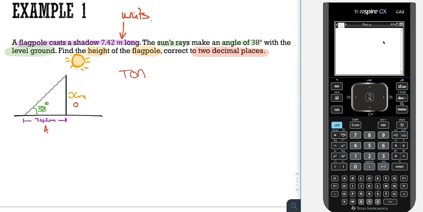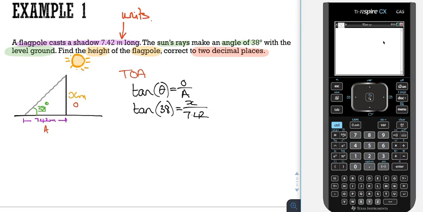X is my opposite, 7.42 is my adjacent, and we know because of our trigonometric ratios that the ratio we're going to have to use is TOA, which is tangent. So tan theta is equal to O over A, and then we can substitute in what we know. Tan 38 is equal to X divided by 7.42.